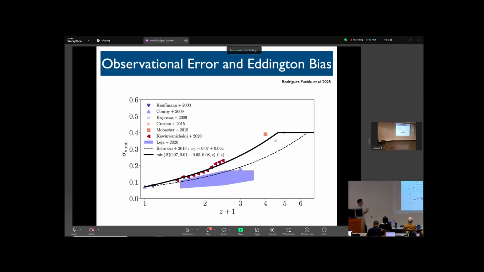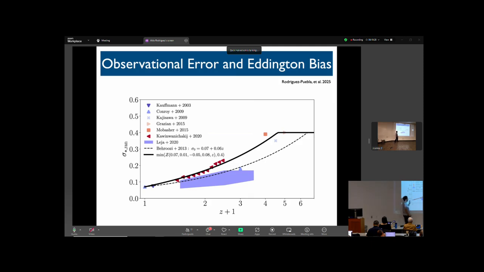So here's an interesting figure about random errors and how we understand Eddington bias. What I'm plotting here is the 1 sigma that is being reported in these papers of the errors in calculations of stellar masses as a function of redshift.